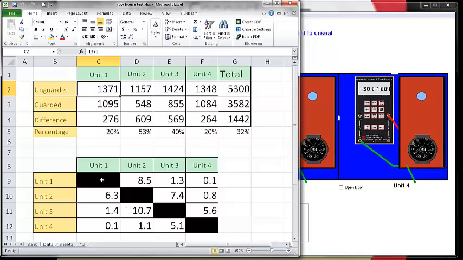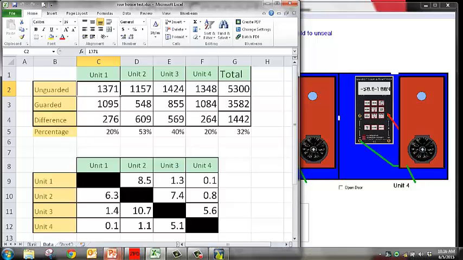Where we test unit 1, our adjacent unit's at 8.5. If we test unit 2, that pressure across that same space is different. It's at 6.3. So some interesting things go on when you measure pressures to adjacent spaces, and it's kind of hard to grasp this chart to begin with, but as you get a chance to look at it more closely, it's easier to understand.